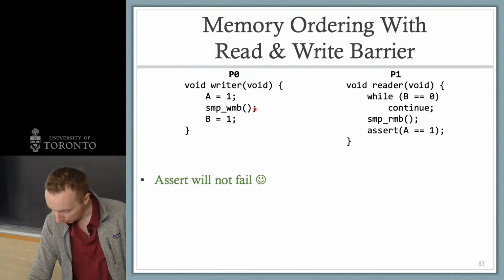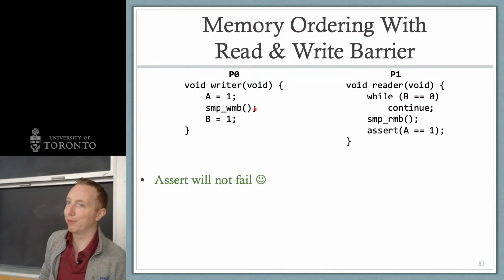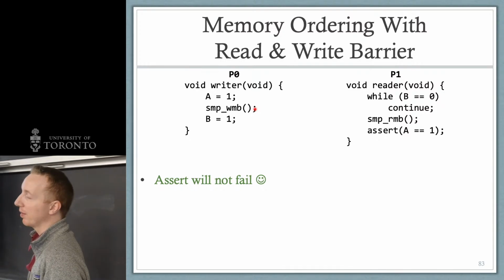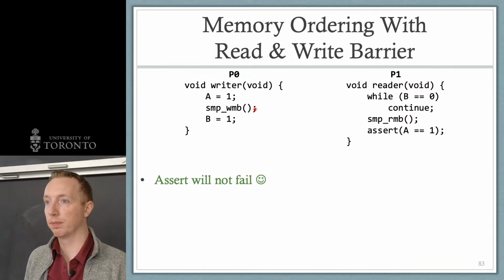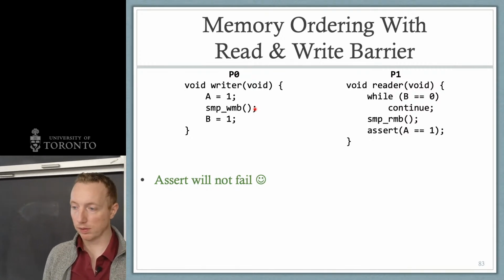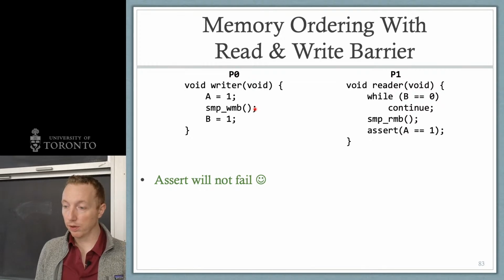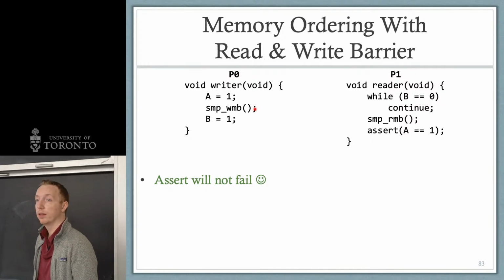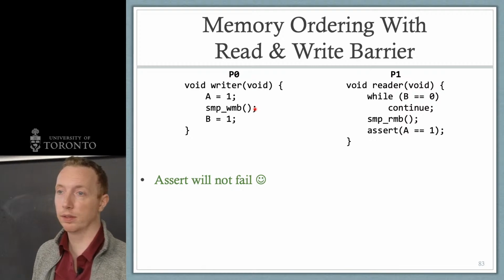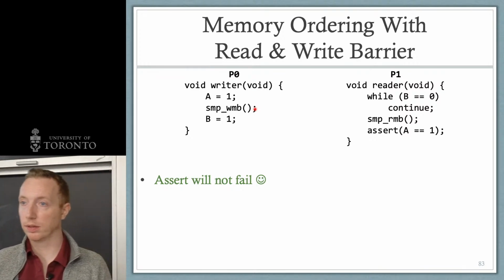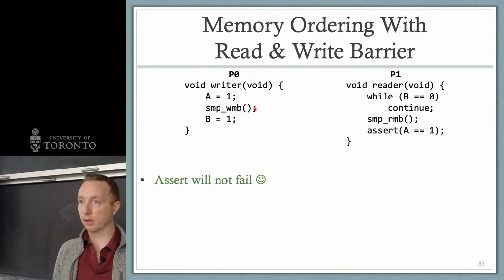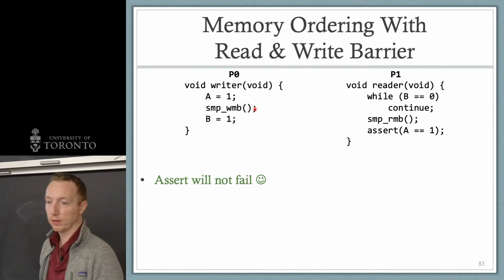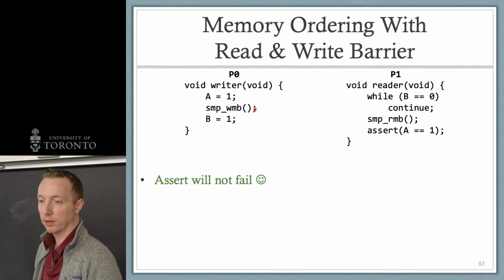So, questions about that? Yeah. So the only reason P1 is able to know that it has to update A in the cache is because P0 said that it modified it, basically, right? Sorry, what was that? The only reason that P1 is able to know that it has to update A is because P0 tells P1 essentially that it updated it, right?